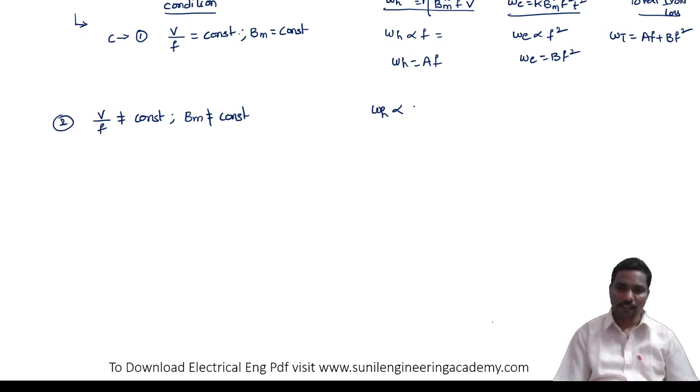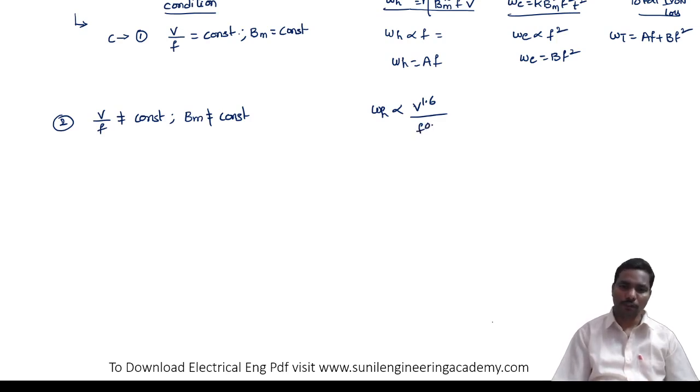Then you will get V by F, so V power 1.6 by F power 1.6, and F power 1. So you will get F power minus 0.6.